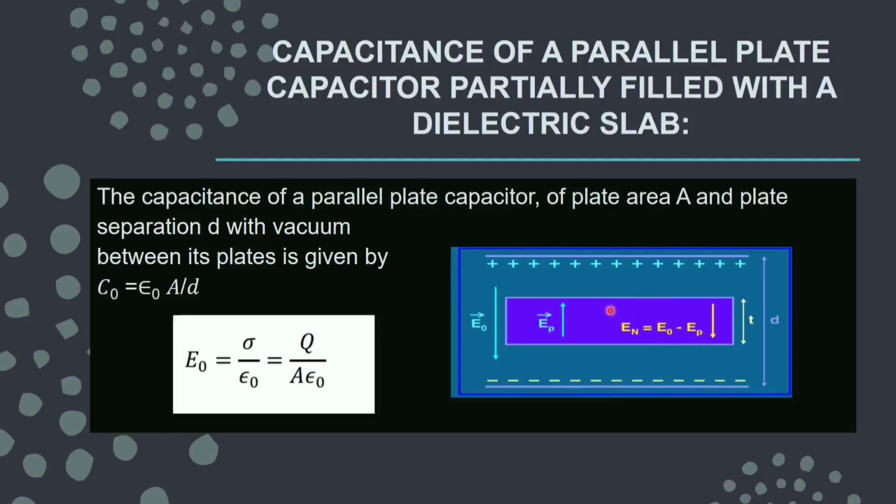In between there is going to be a net electric field equal to E naught in this direction minus EP in the opposite direction, but E naught is the larger one, so the net field will be in this direction only. Net field is in this direction. You have to understand that from the previous knowledge, when we discussed the behavior of dielectrics when we put them between the conducting plates.